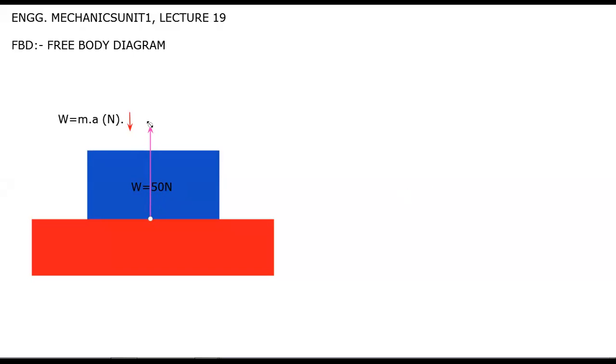The body is exerting 50 Newton force, so an equal amount of force, that is 50 Newton in the upward direction, will be exerted, and that force will be called the normal reaction.